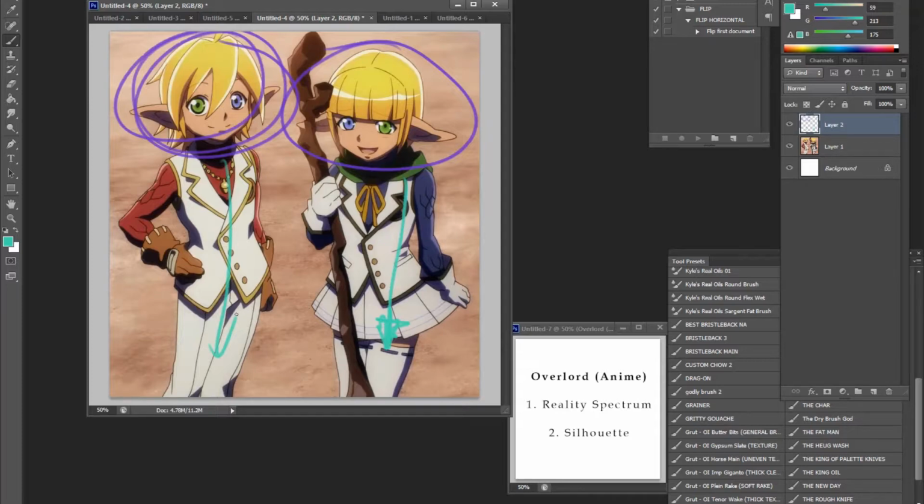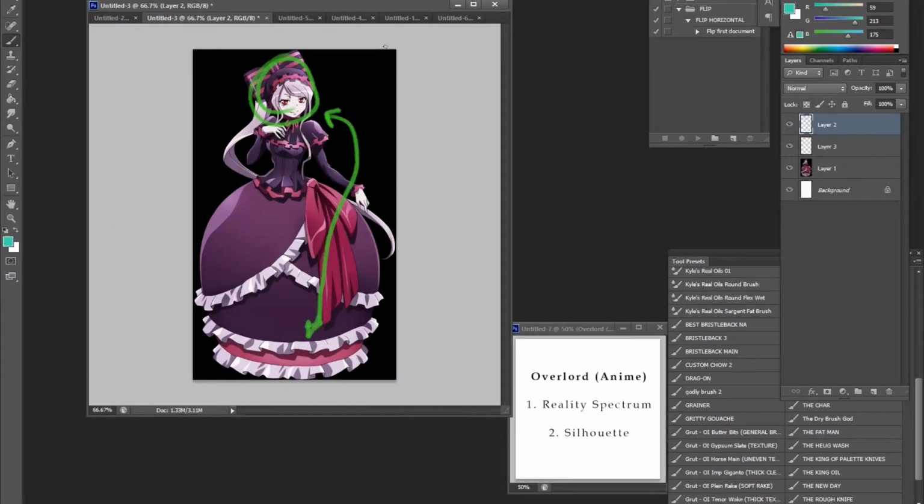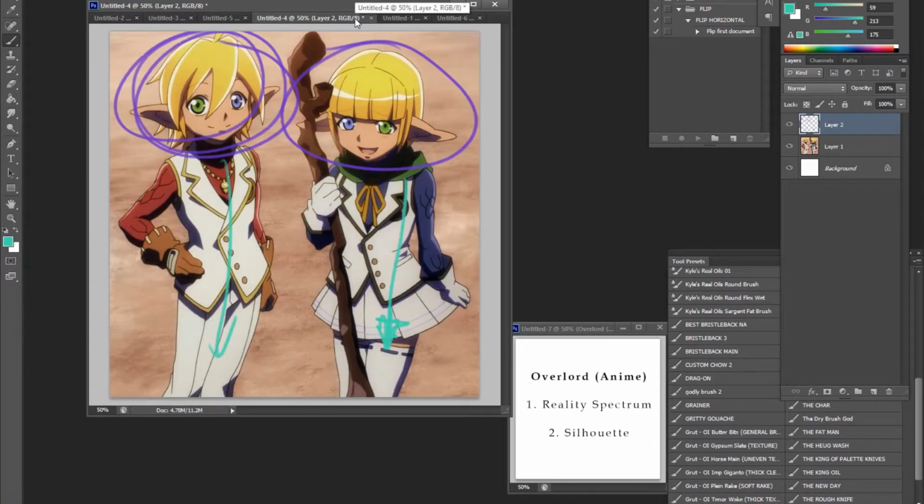Had it been silhouetted a bit more stylized, like this girl, we might be able to believe it, right? But the fact that their clothing defines their body and their silhouette means that we're gonna start seeing it.